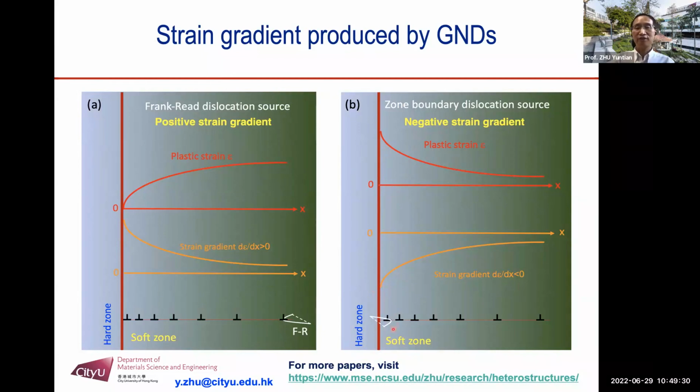Let me repeat. If the Frank-Read source is in the soft zone, it produces a positive strain gradient. If the dislocation source is on the zone boundary, it will produce a negative strain gradient.